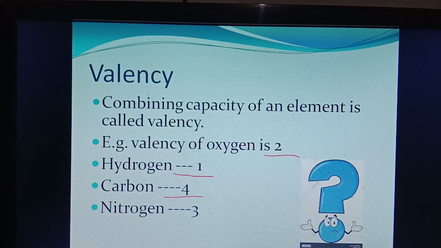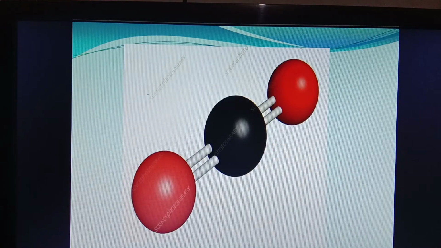One atom of carbon can combine with maximum 4 atoms of other elements. Then nitrogen valency is 3. How this valency is calculated, or how it is found out that valency of hydrogen is 1, oxygen is 2, that you will learn in class 9.